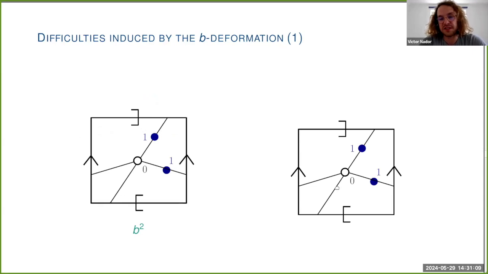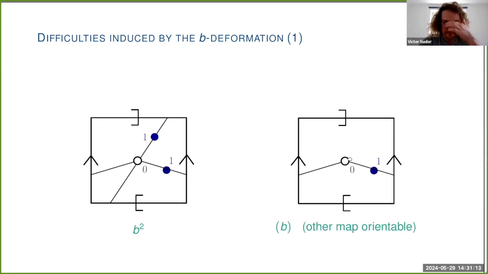Now, if I do the opposite, I start by deleting the vertical edge. I can check that if I had added a vertical edge, but the gluing was performed in the other direction, then I would have obtained a map drawn on the torus. So I know that in this case I would have had an orientable map, and so I know that here I should have weight b.